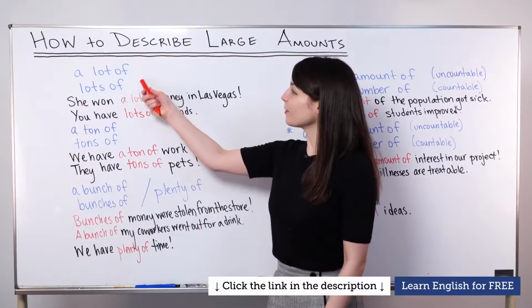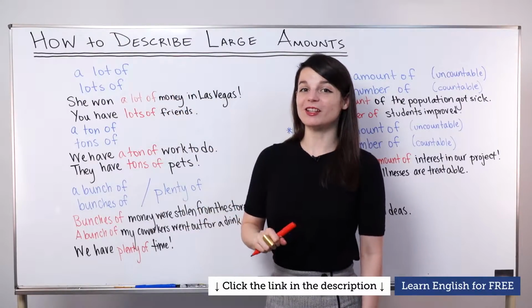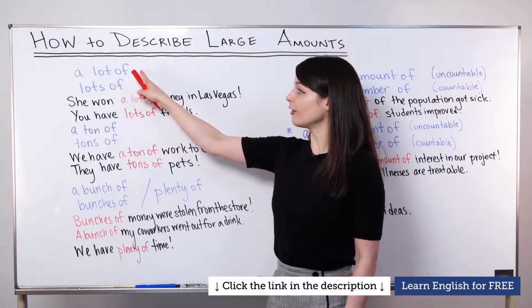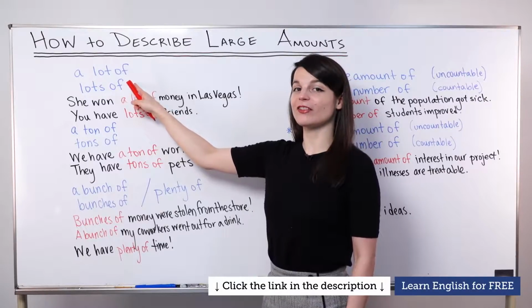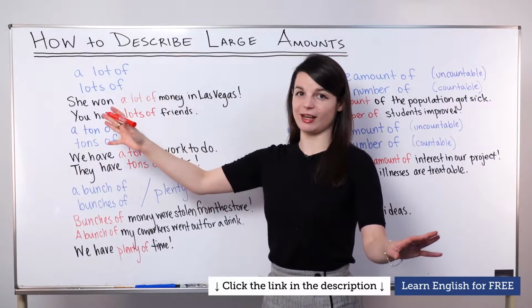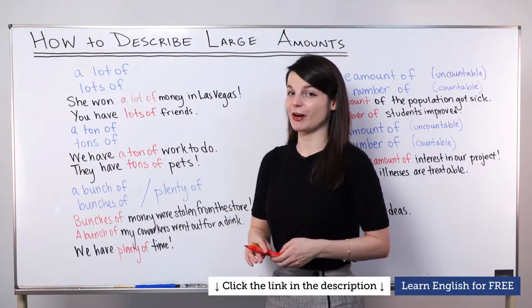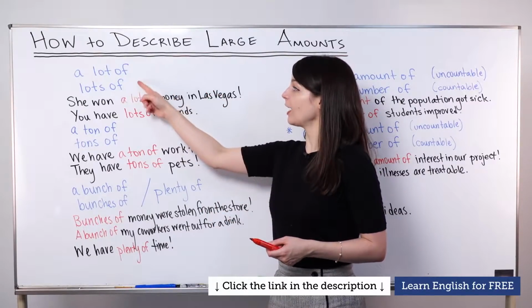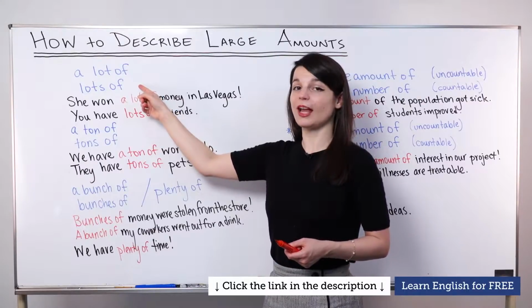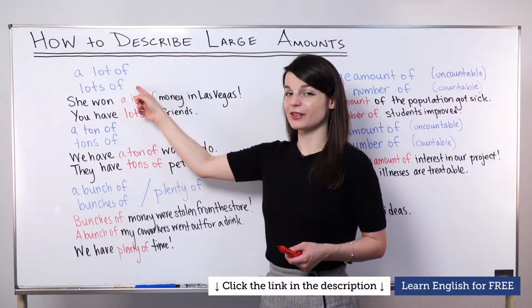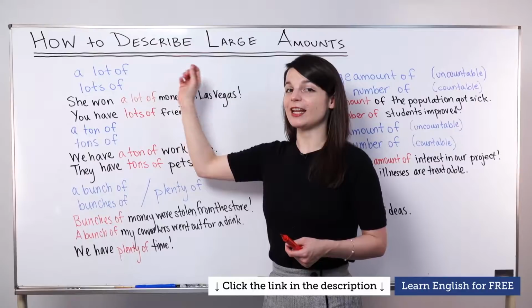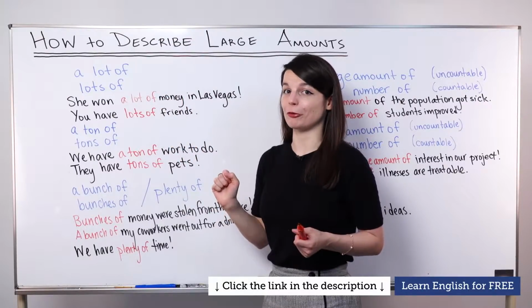First, I want to talk about these very, very commonly used expressions, a lot of and lots of. A lot of and lots of, they have the same meaning. They communicate the same idea. You can choose whichever one you prefer. We can use a lot of and lots of with countable and uncountable nouns. Remember, countable nouns take an S to make the plural form.